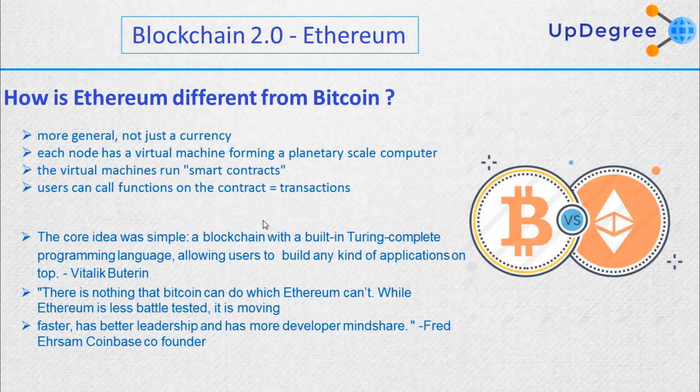The core idea was simple: to run any kind of application. That's what Vitalik, the founder, intended. There is nothing that Bitcoin can do that Ethereum can't. But currently this is being more tested and developed, as a developer mindshare, as per Fred Ehrsam, Coinbase co-founder.